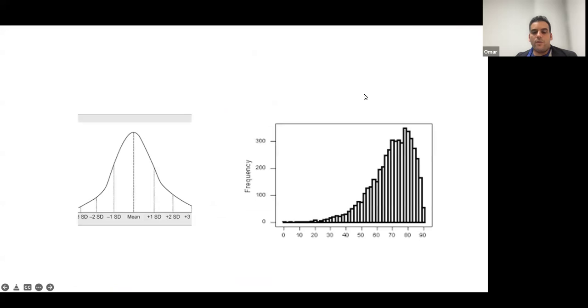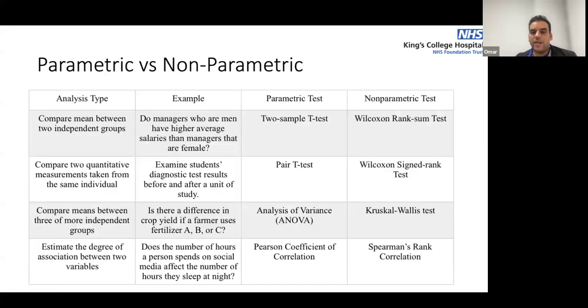Okay. So when we look at these two, for example, on the left you've got normally distributed data. On the right, you can see how it's skewed to one side, which means that it is not normally distributed. The reason this is important is that after plotting these data points, you need to decide if you are going to apply a parametric or a non-parametric test.